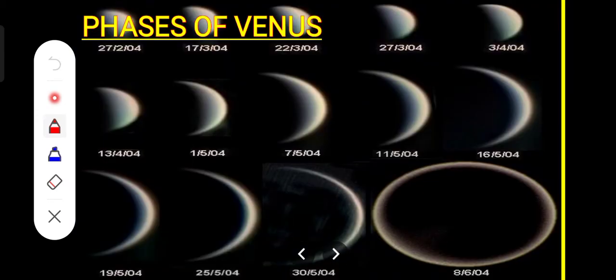We also have here the phases of Venus. When we say phases of Venus, it refers to the variations of illumination observed on the planet Venus. Just like our moon, which has a full moon, half moon, new moon, and first quarter moon, Venus also has phases.